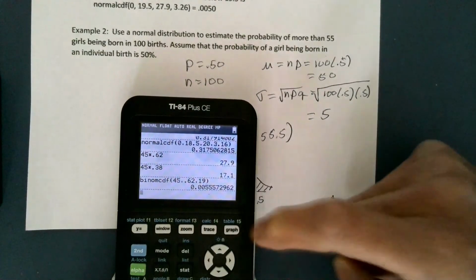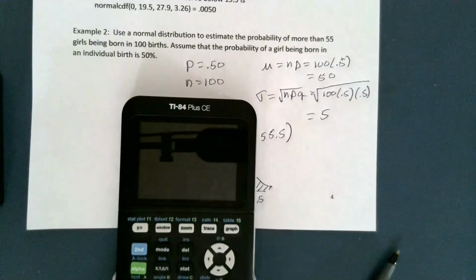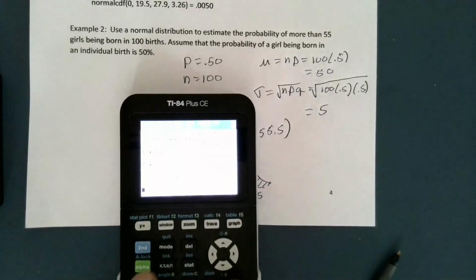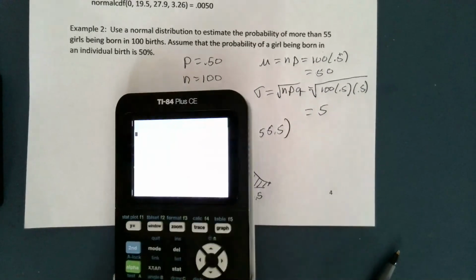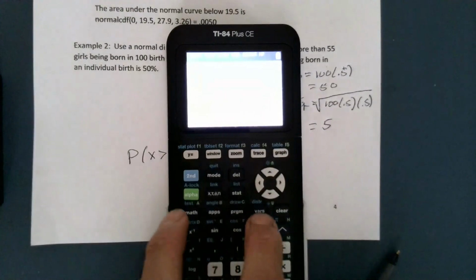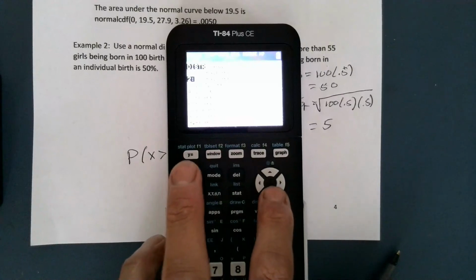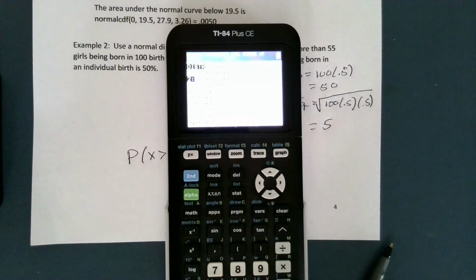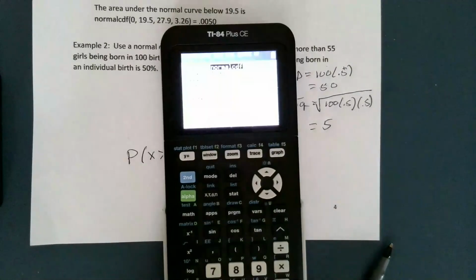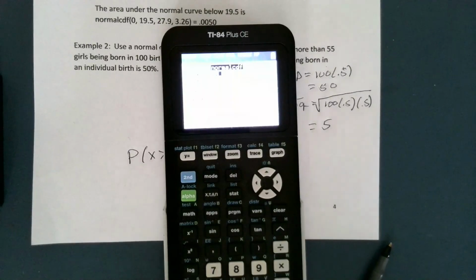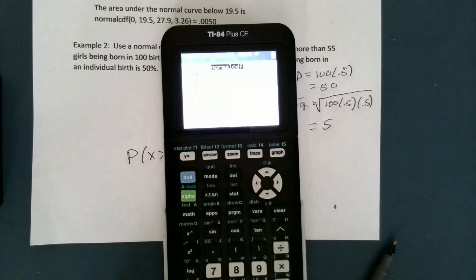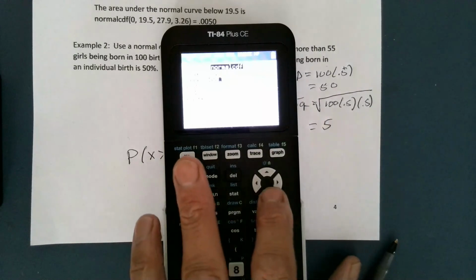So we can use normal CDF. And the lower will be 55.5. The upper, I'll just make it 100. That's the maximum you could have.